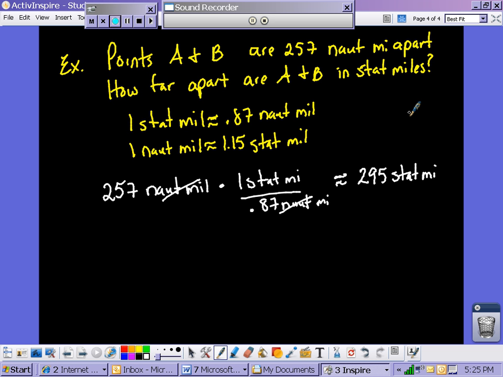All right. So that is it. So make sure you go back and read the section, because we will be working tomorrow on converting from stat miles to nautical miles, looking at course bearings and those types of problems in our book.